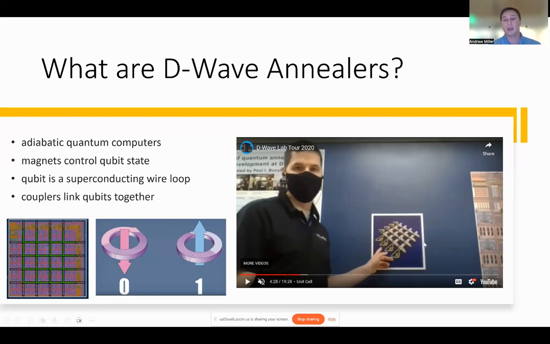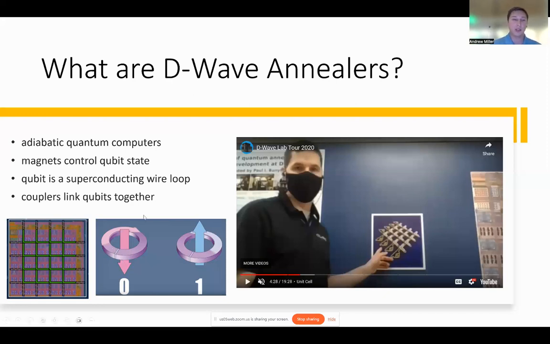It's basically a grid, and you saw there were more cells in the grid, but each cell is a superconducting wire loop. On this diagram at the bottom, it shows it logically. Of course, the loop physically looks more like a square from what I see.